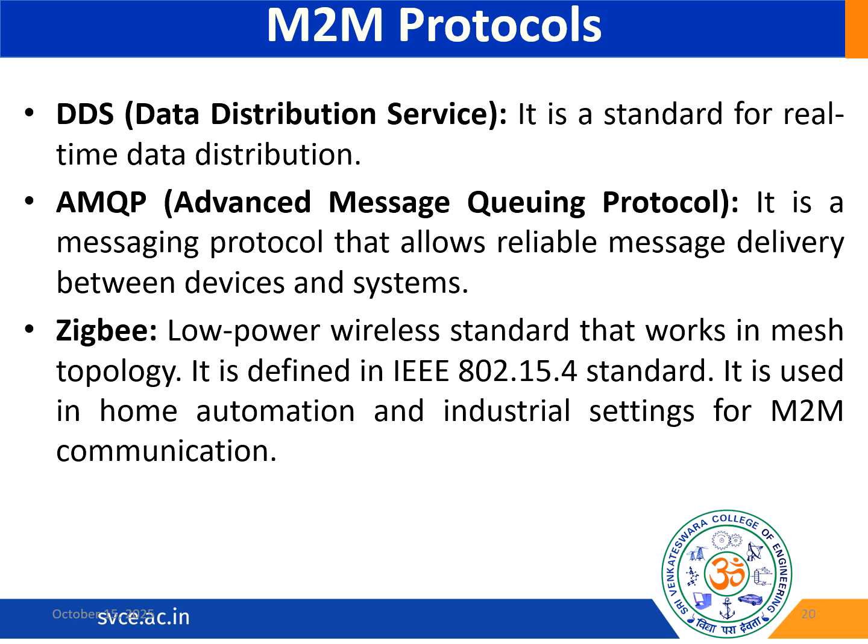Considering Zigbee, as I've already learned, it's a low power wireless standard that works mainly on mesh topology, and it is defined by the IEEE 802.15.4 standard. It is used in home automation and industrial settings for M2M communication.